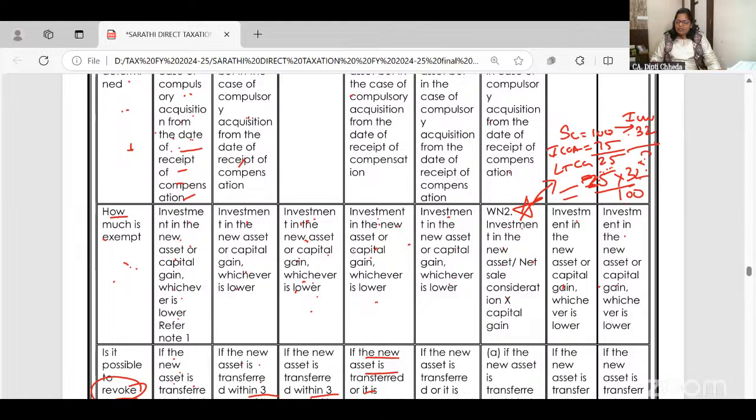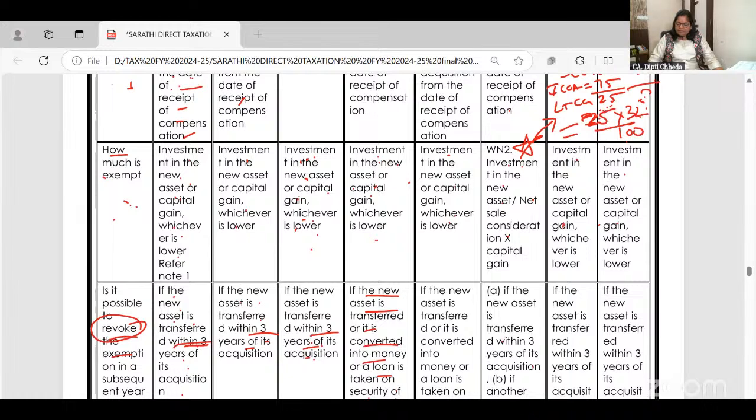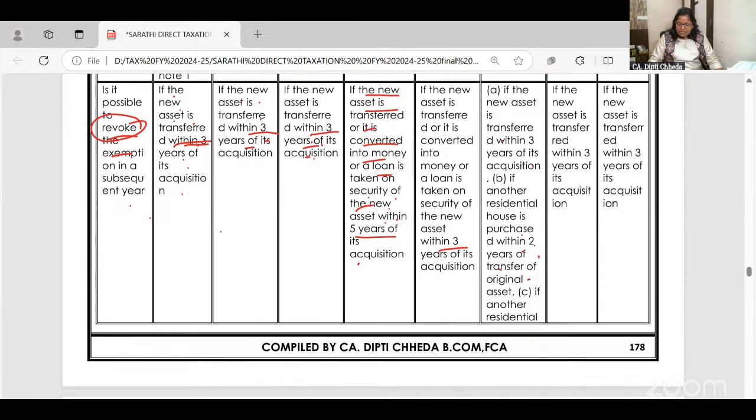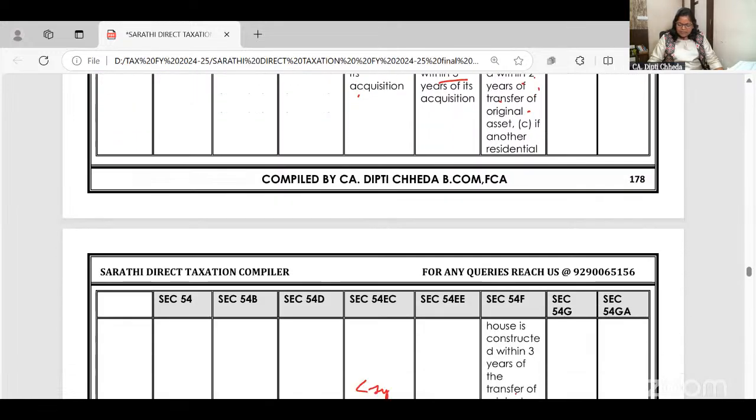Is that clear to all of you? Cross multiply. In 100, 25, so in 32, how much? Long-term capital gain into investment divided by 100. And new asset is what you have purchased, house. So don't sell the house for 3 years and don't do anything.